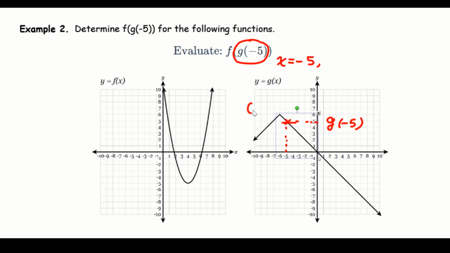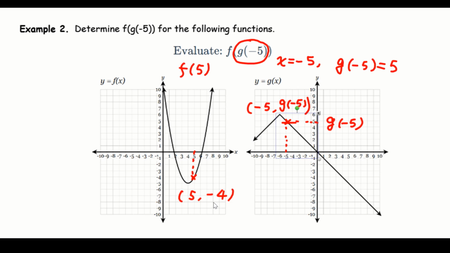So each point on the graph is x, then g at x. So we know g at -5 equals 5, then the whole thing becomes f at 5. We put the g at -5 value here, the input is 5, so we look for 5. Then we look for the y value, and you will see it's -4. And this -4 is your f at 5.